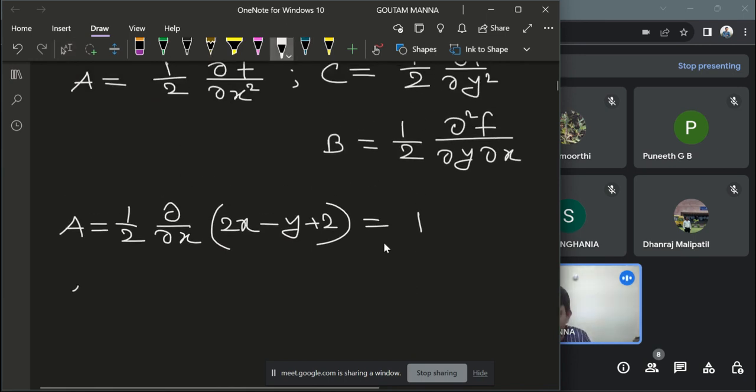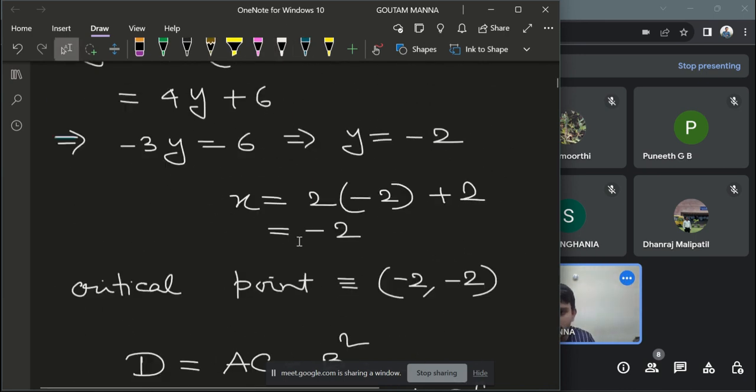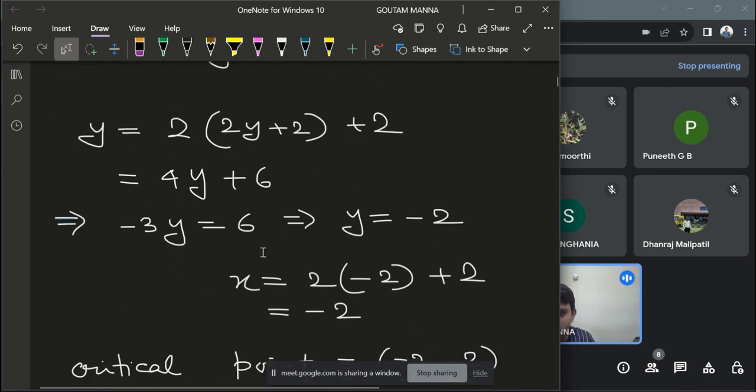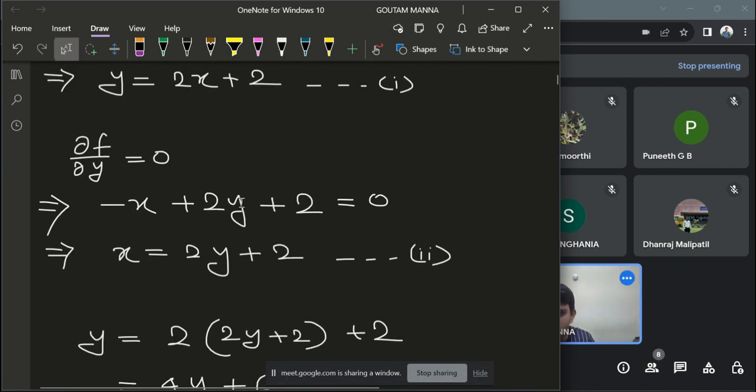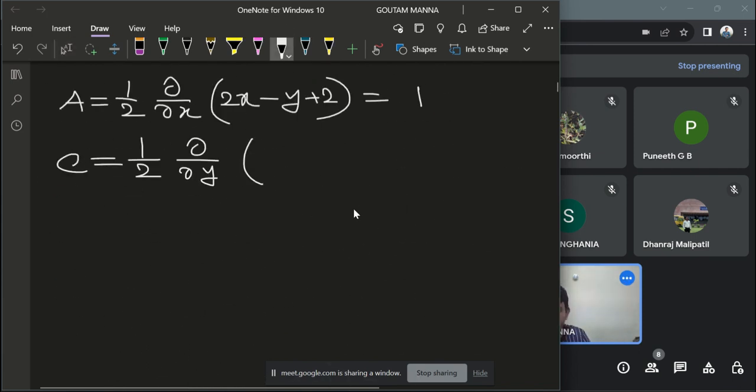Now we can calculate C, which will be half of del y of del f del y, and del f del y we calculated here. It is minus x plus 2y plus 2.